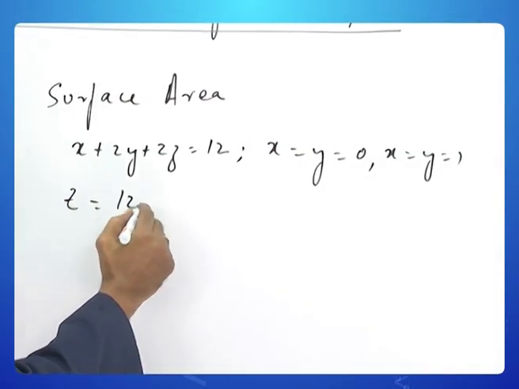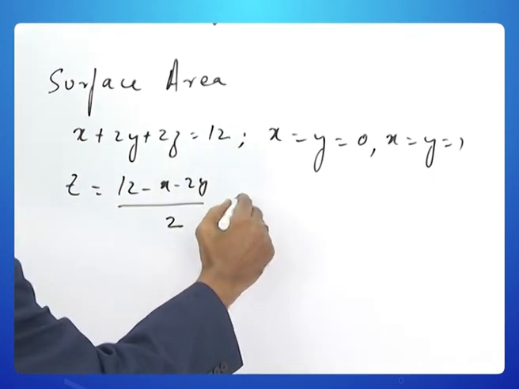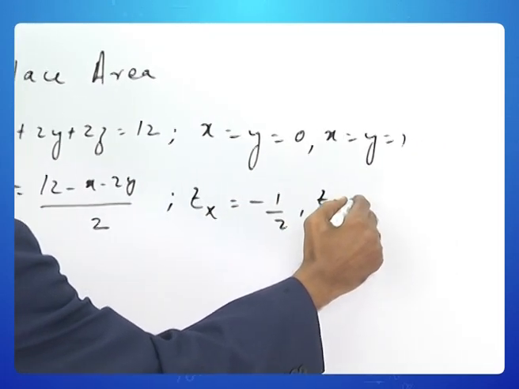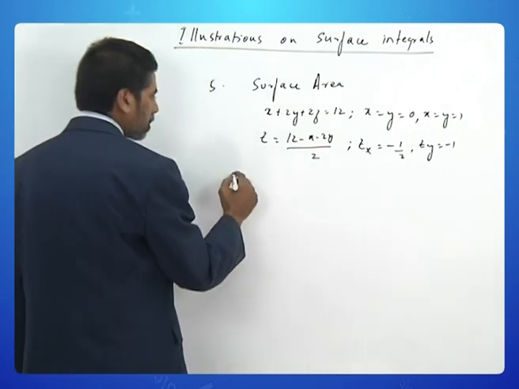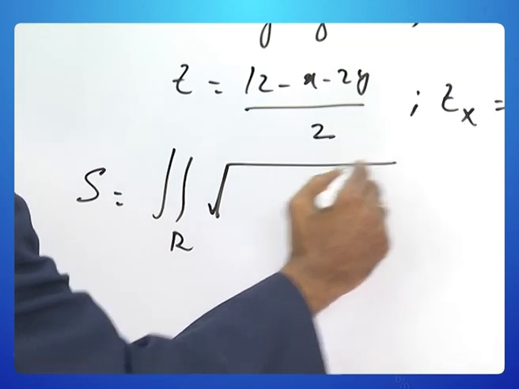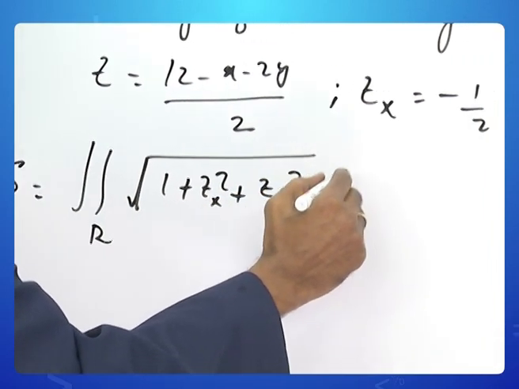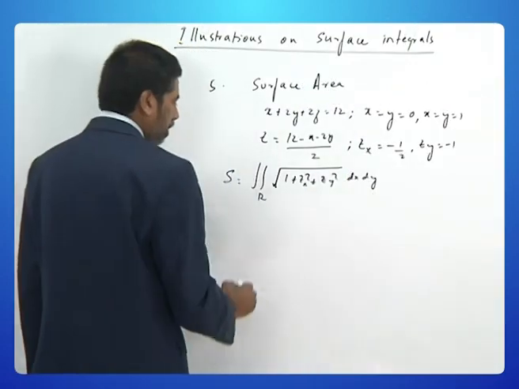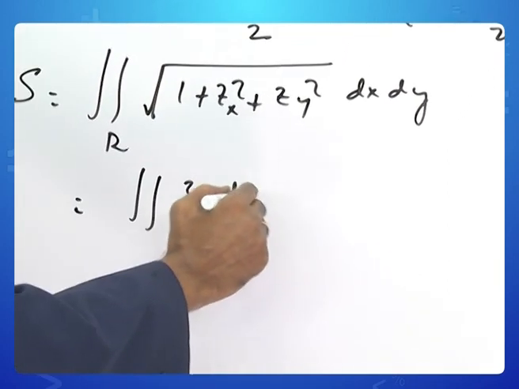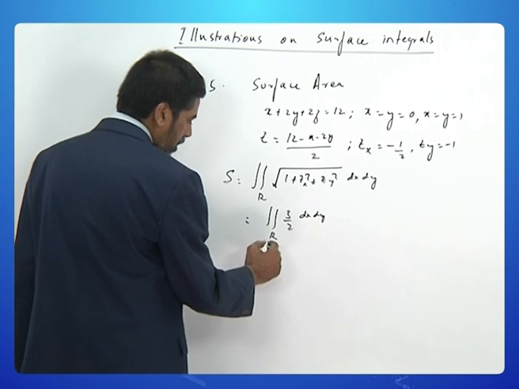Write z as (12 minus x minus 2y) by 2. Find out zx. Find out zy. Surface area is double integral square root of 1 plus zx squared plus zy squared dx dy. As before, this would be double integral 3 by 2 dx dy over R. Now what is this R?